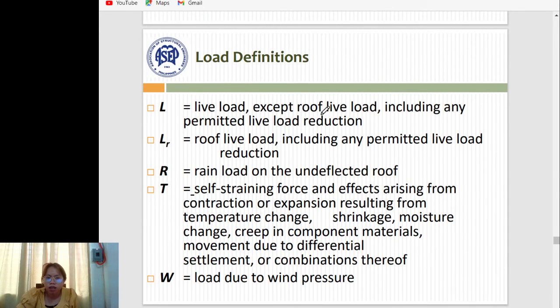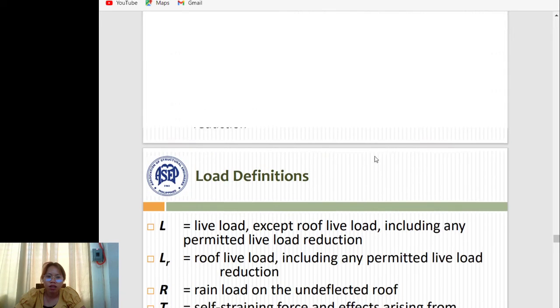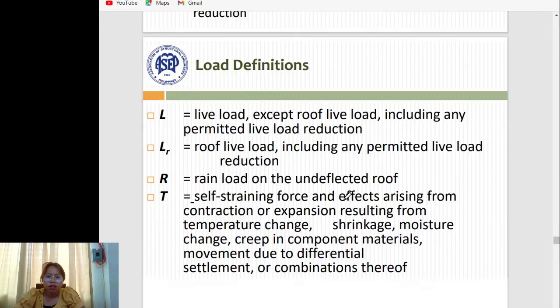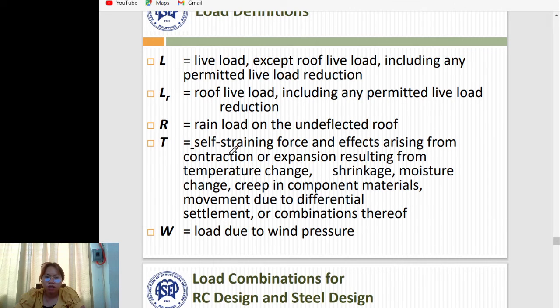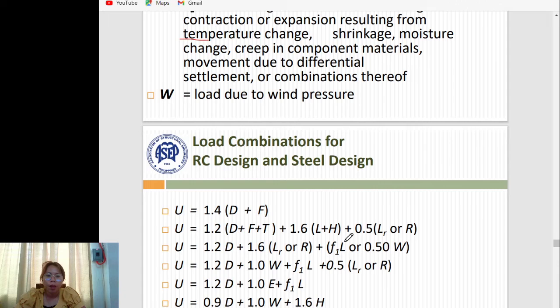R is the rain load. T is the self-straining force that affects contraction, expansion, and temperature change. W is the load due to wind pressure.